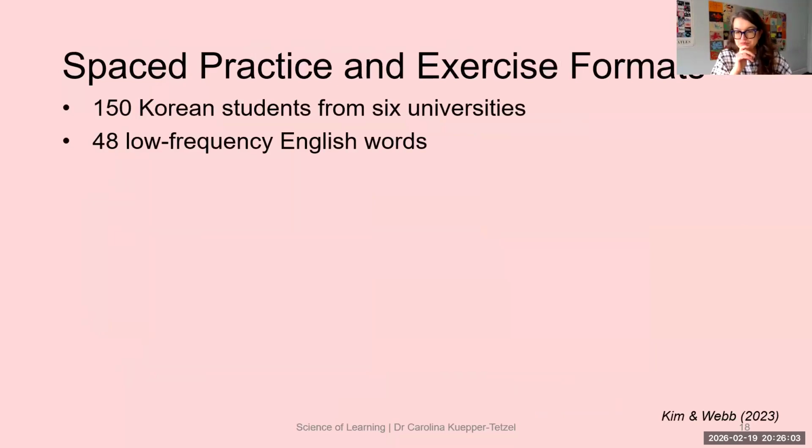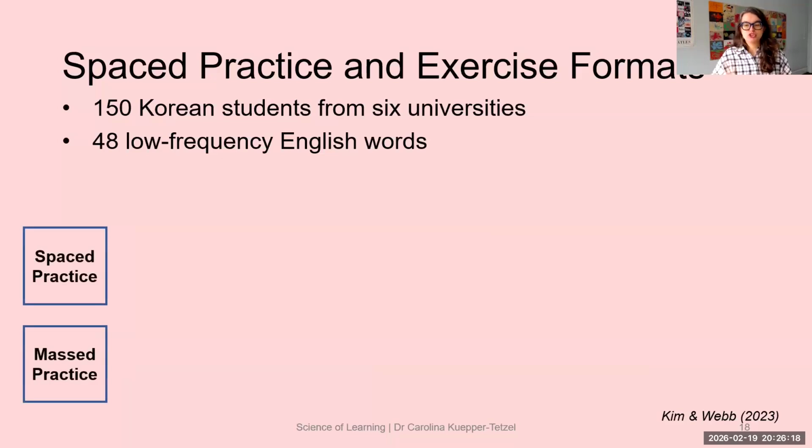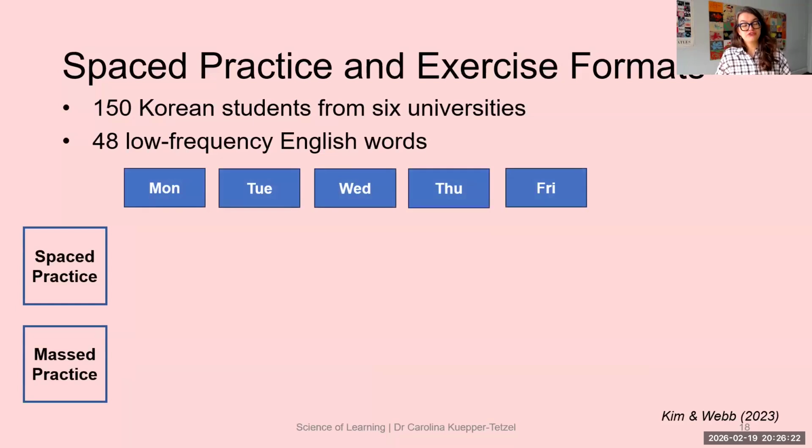Now, this one here, that's an interesting one. They looked at 150 Korean students from 6 universities who were learning English as a foreign language. And they used low-frequency English words. And they had 2 conditions, so a space condition and a math condition. So this was the week, Monday to Friday.